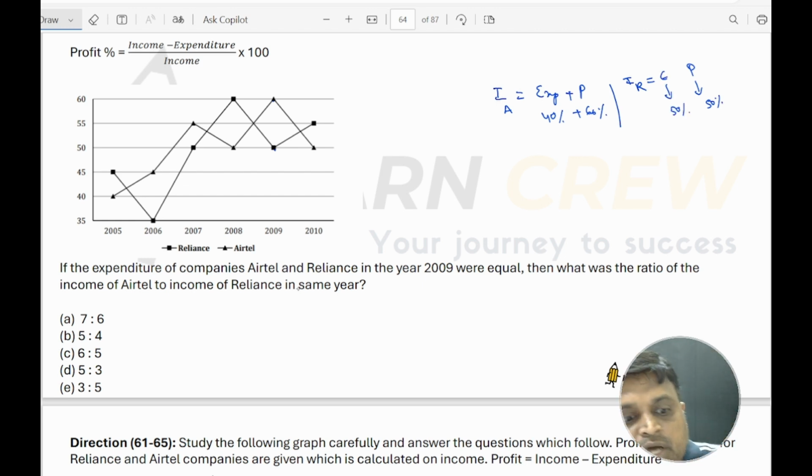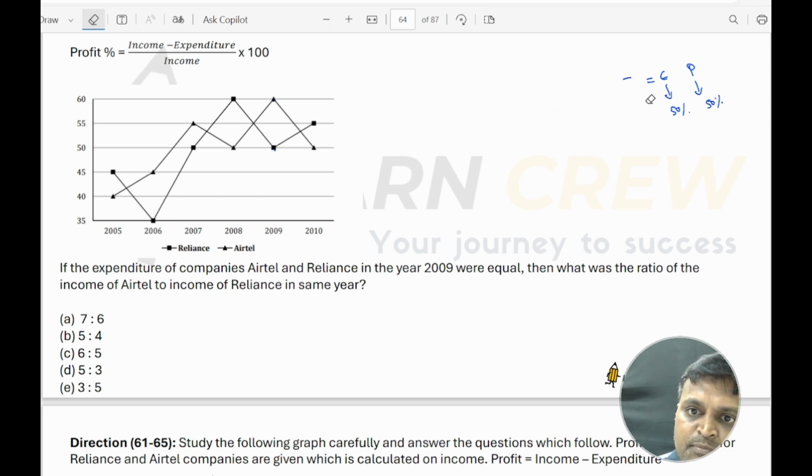Now we need to find the ratio of the incomes. Please understand here. Let the expenditure of both the companies be some 100x.